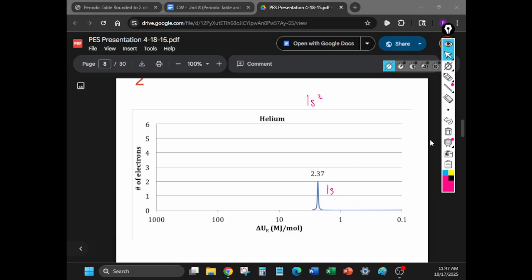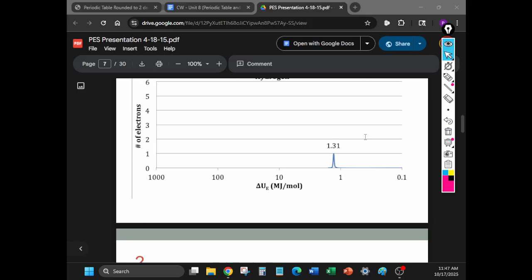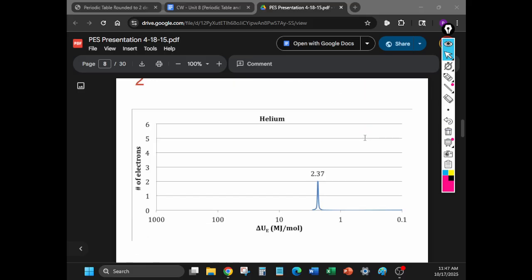Now, I said keep an eye on the peaks because if you look at helium's peak versus hydrogen's, what do you notice? Yeah, it's pretty much double, right? Which makes sense because helium has 2 in the 1s, hydrogen has 1 in the 1s. So the height of the peak tells you how many electrons there are.